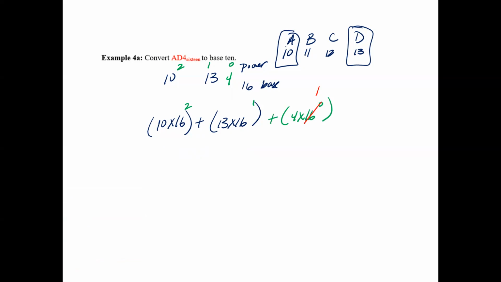So then essentially what I will have is going to be 16 squared. So that's 256 times 10 is 2560 plus 13 times 16. And then all together, your grand total is 2,772.